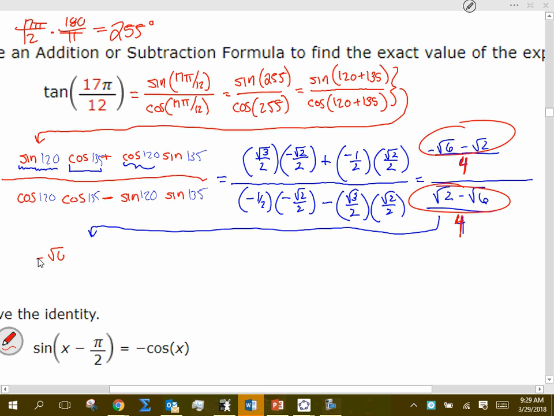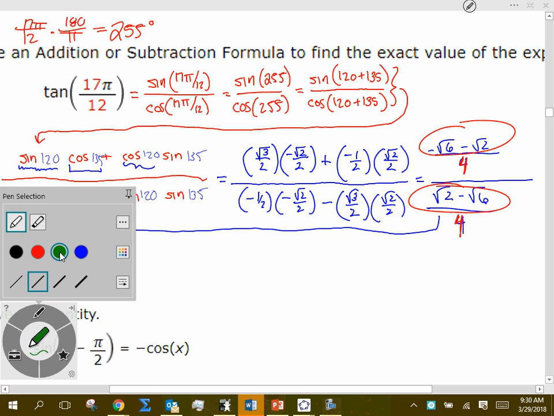So I'm just going to write that down. Negative radical 6 minus radical 2 all over radical 2 minus radical 6. Now that's a lot better than what this blue stuff was, but it's still not a preferred method because we don't really like ever having radicals in the bottom, right? So we're going to go through the process of rationalizing that.